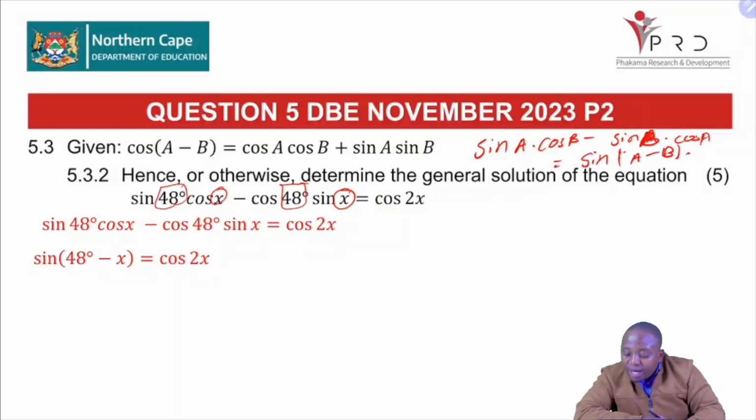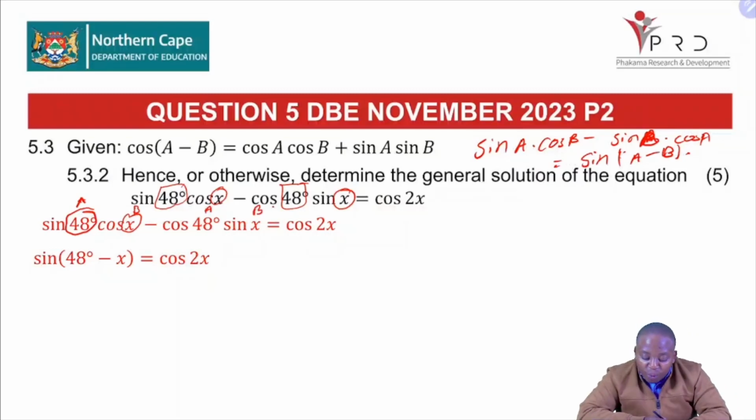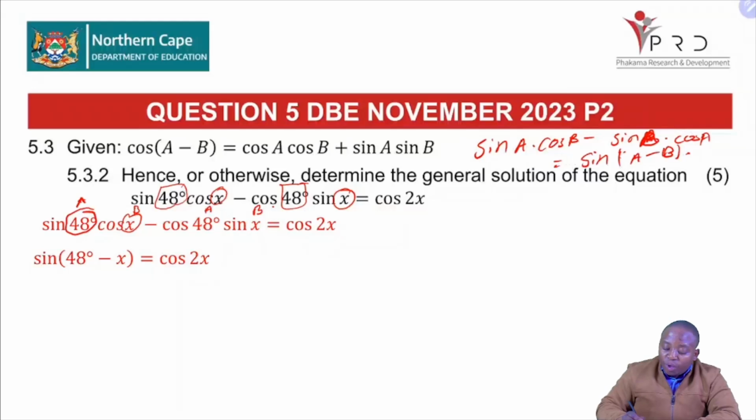So that's what we are looking at right here. We can see there is one angle, we can say it's angle A, and this can be angle B. Again, it's angle A and this can be angle B. So that's what we are working with right here. Then from here, we know it's a compound angle for sine.